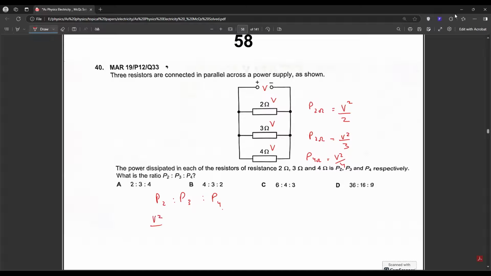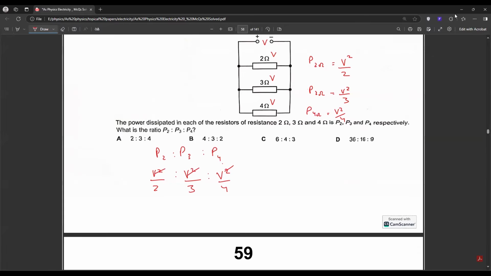Power 2 is V square over 2. Power 3 is V square over 3. Power in the 4 ohm resistor is V square over 4. These all get cancelled out. Now, this is your final scenario: 1 over 2, ratio 1 over 3, ratio 1 over 4.